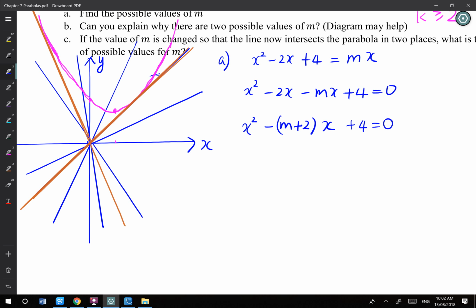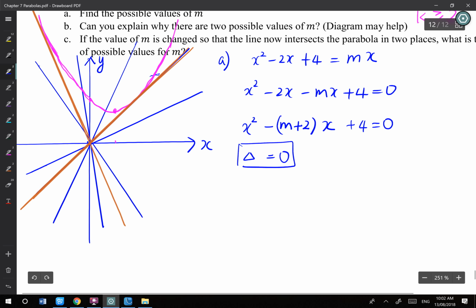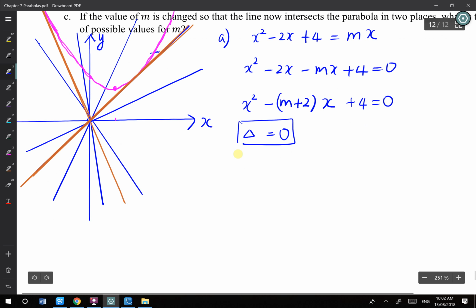What discriminant do you need this time? 0. Yes, the discriminant should be 0 in this case because it is the tangent, one of these 2 lines. So I will have minus m plus 2, squared. That's the b squared, right?